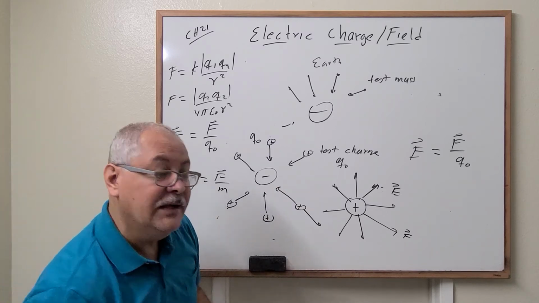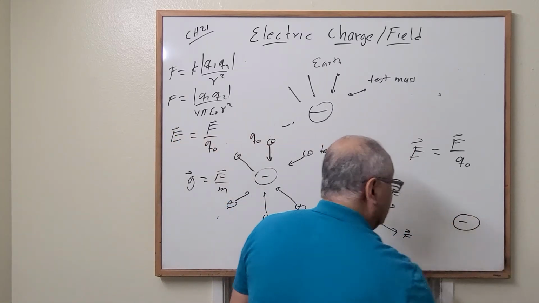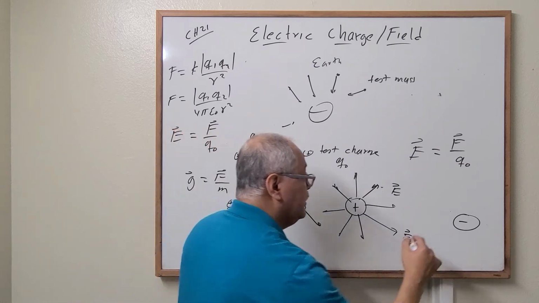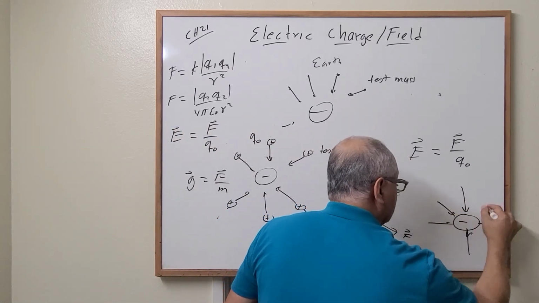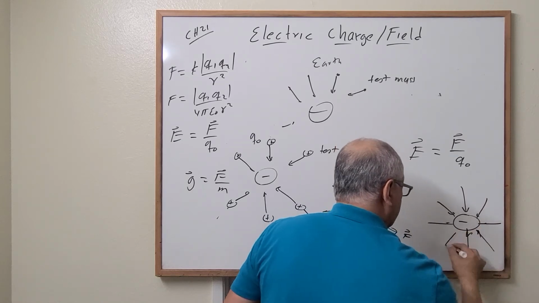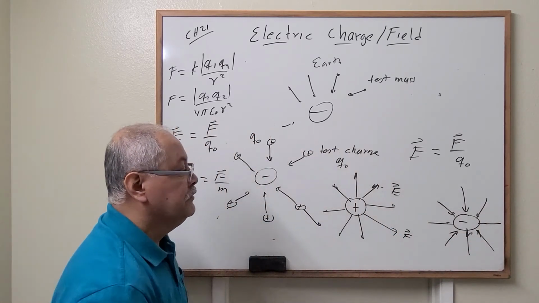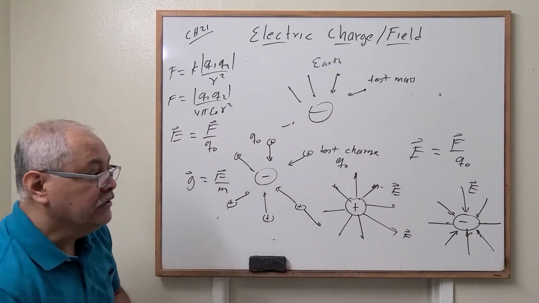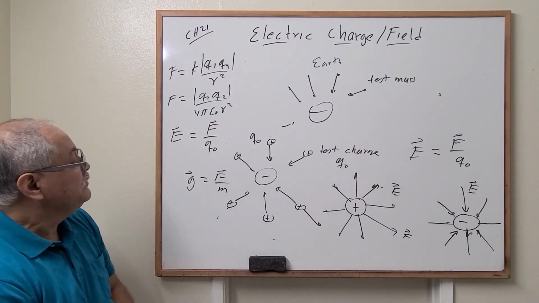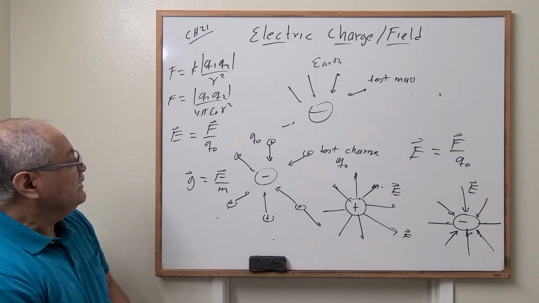So what should at the end be the electric field for this negative charge? Well, the electric lines of force go toward this point charge, and this is the electric field for a negative charge. And this is the same formula for both cases.